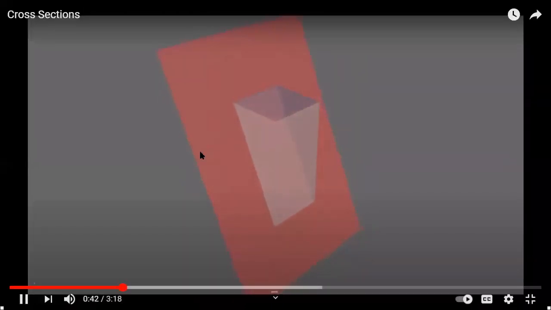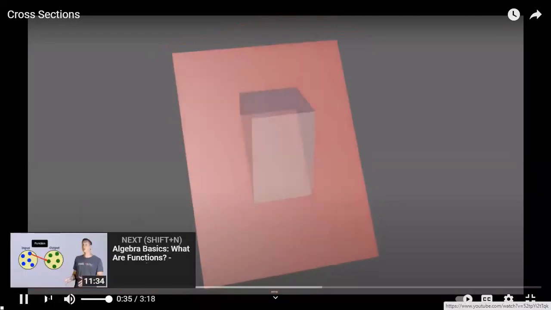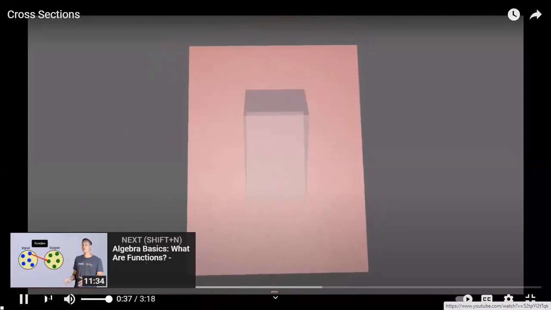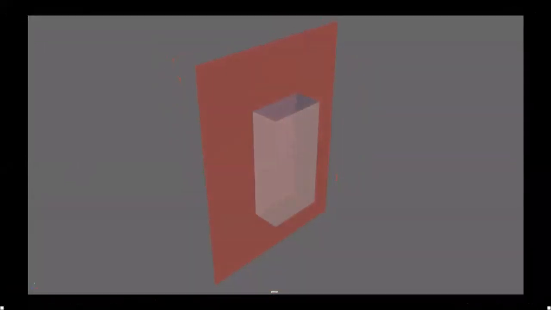Bringing the plane all the way up until it is perpendicular to the bases also creates a rectangle.